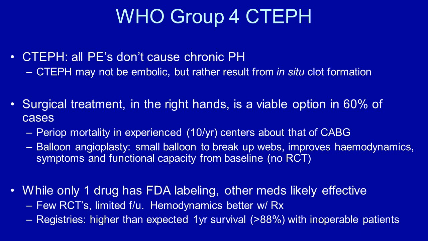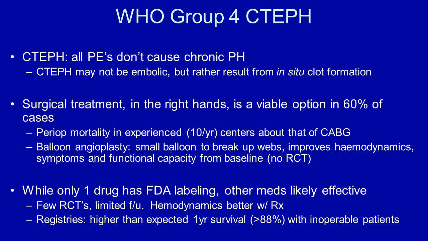Anatomically, one of the reasons that's important is that rather than just obstructing with a clot, they end up with this circumferential, sometimes web-shaped clot obstructing the pulmonary arteries, and that can influence treatment. In CTEPH, it fortunately is often a surgical disease, with surgical cures happening in a plurality of the patients.